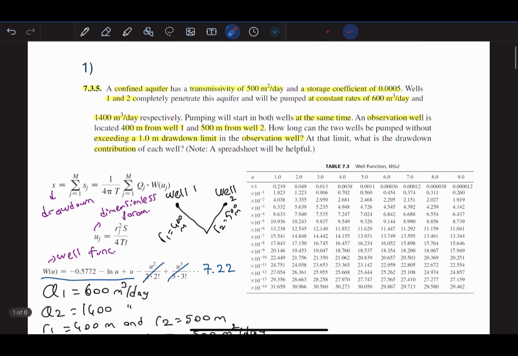But if we check the question again, we need to find exceeding a 1 meter drawdown limit. So we need to find the duration that will be equal to 1. And after that time, we will see drawdown higher than 1 meter.